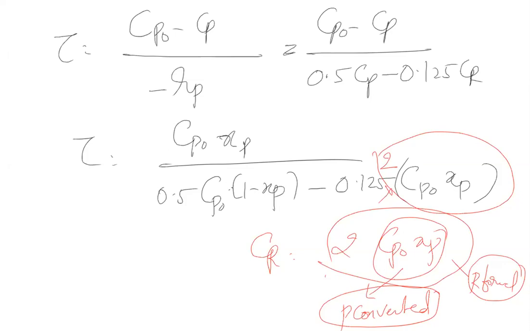What is the tau you are getting for 40%? You are getting 2 minutes. If you are getting 1.6 minutes, then you have made this mistake of the 2. If you don't put this 2, you will get 1.6.